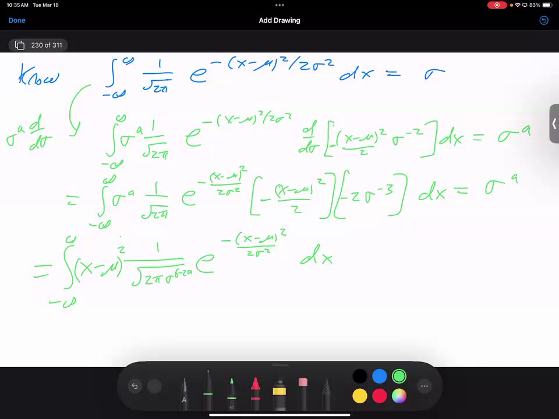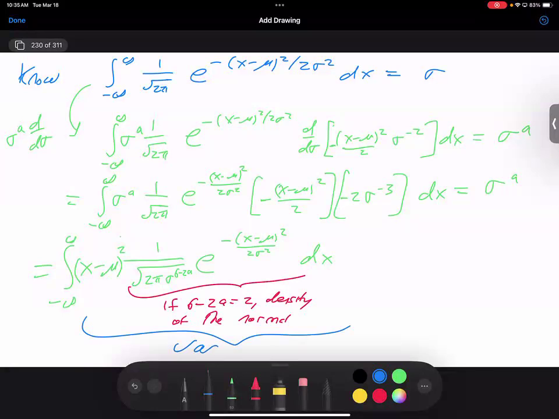So if 6 minus 2a is equal to 2, this is the density of the normal. And this whole thing becomes the variance.